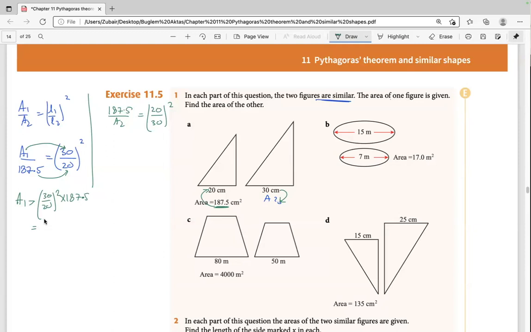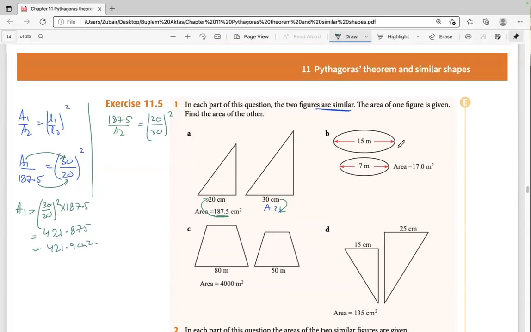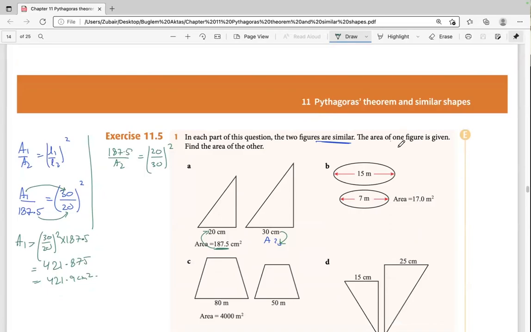I'm getting the exact answer, 421.875. Depending on the data, I'm writing it to one decimal place. The area of the larger one is 421.9.